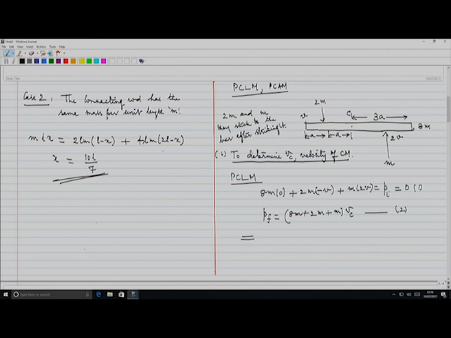This implies the velocity of the center of mass is equal to 0. So since there is no translational motion, the system will have only rotational motion.